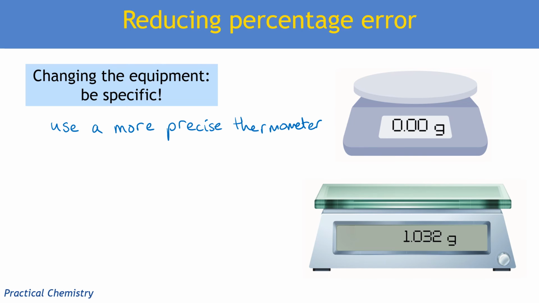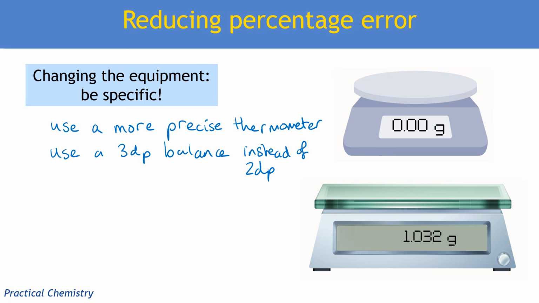Or if, for example, we used a 2 dp balance, we could say use a 3 dp balance instead of 2 dp. So we're being very clear about what we're changing about the equipment. Another example, of course, if we're measuring volume, could be use a volumetric pipette instead of a measuring cylinder. Very clear what we're changing, and we're doing it because it has a small uncertainty value.